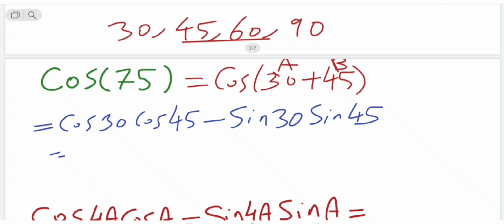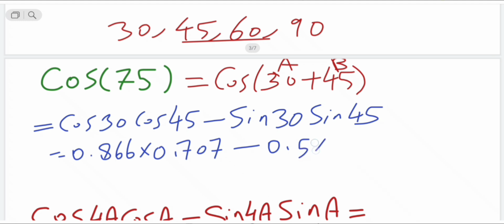So cos 30 equals 0.866, multiplied by cos 45, which equals 0.707, minus sin 30, which equals 0.5, multiplied by sin 45, which equals 0.707. First multiply 0.866 by 0.707, which equals 0.612.